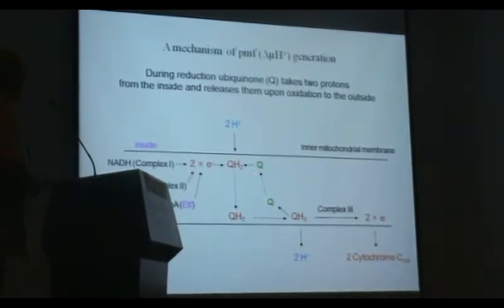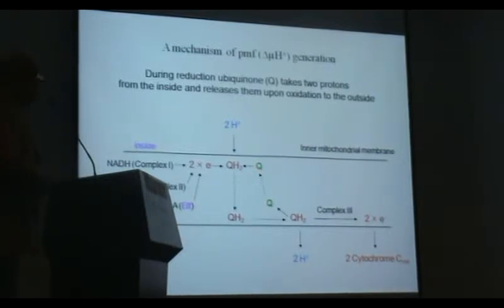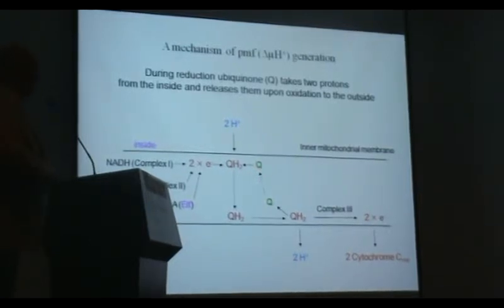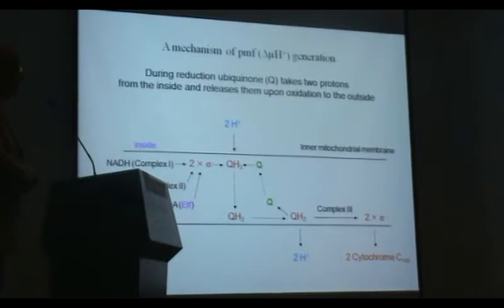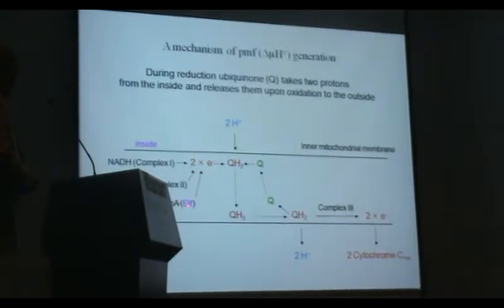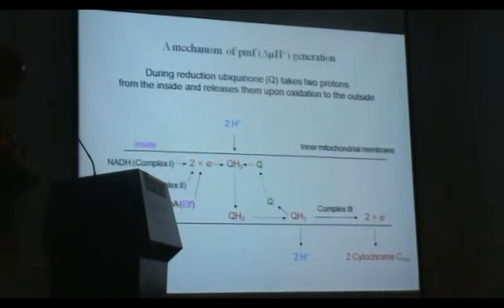One method is the well-known Q cycle, originally discovered by the Nobel Prize winner Peter Mitchell. Thereby the quinone, the green quinone, is reduced by NADH via complex 1, by succinate via complex 2, or from acyl-CoA via electron transferring flavoprotein. That is one of the major topics of my talk; I will come to it later.